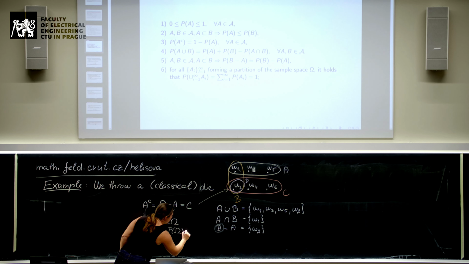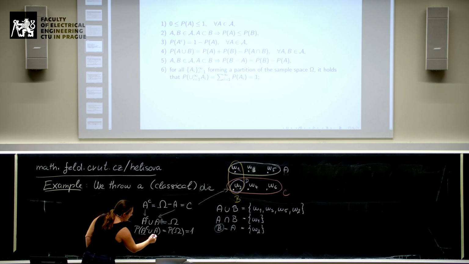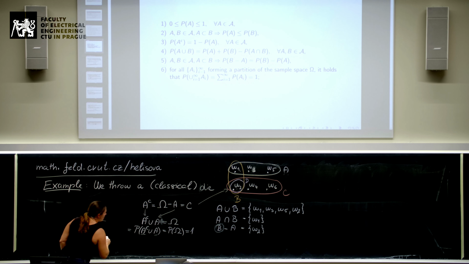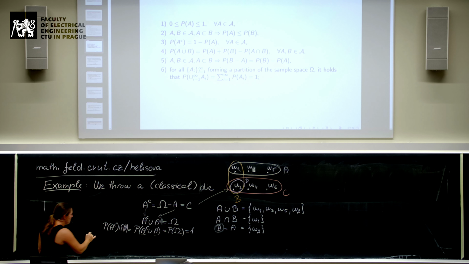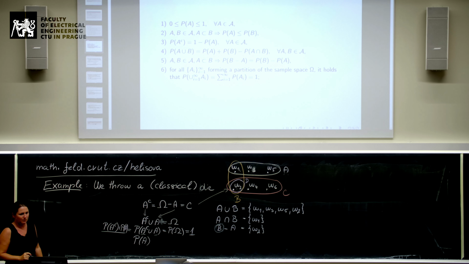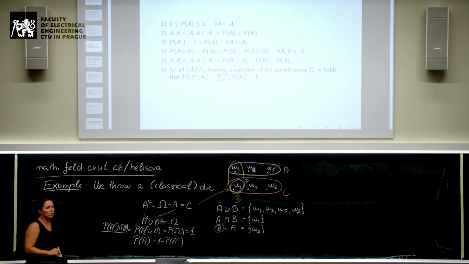The probability of the whole omega is equal to 1, and the event A and its complement are disjoint events. So the probability of their union can be calculated as the sum of their probabilities. And it means that the probability of the event A can be calculated as 1 minus the probability of the complement.